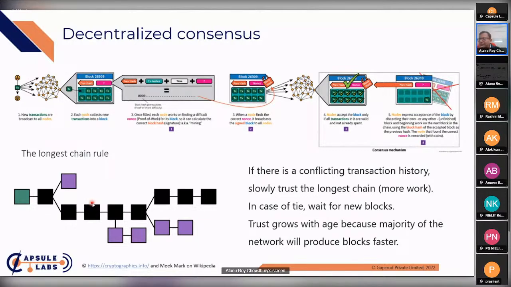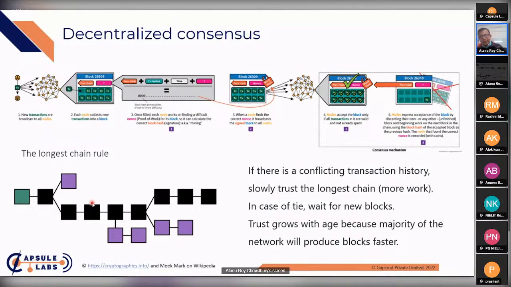And what this means is that if I have to carry out an adversarial attack on a network, as long as the friendly nodes control more than 50% of the network, the probability of a new block being generated by one of the friendly nodes is always going to be more than 50%.